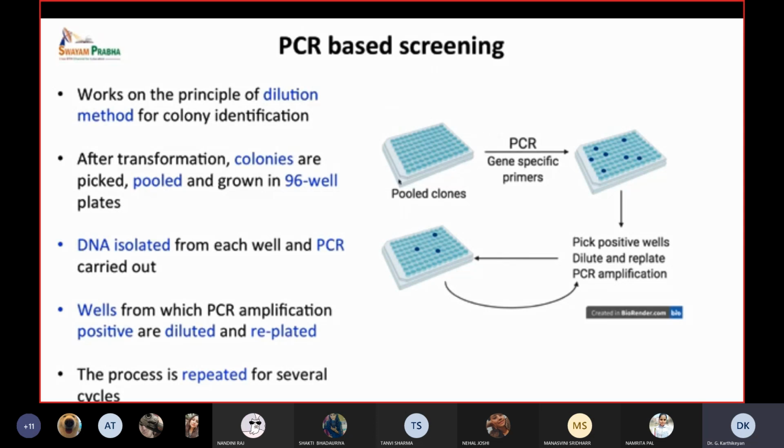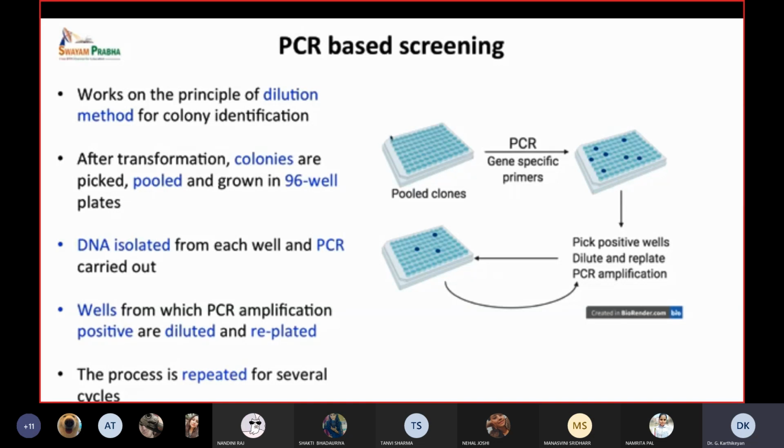Of course, it can be automated, so one can automate these steps also. So in essence, after transformation of the E. coli, the colonies are picked and you can pool certain colonies in each of these wells. So for example, you may decide to pool 50 colonies per well and then you plate it in a 96 well plate.